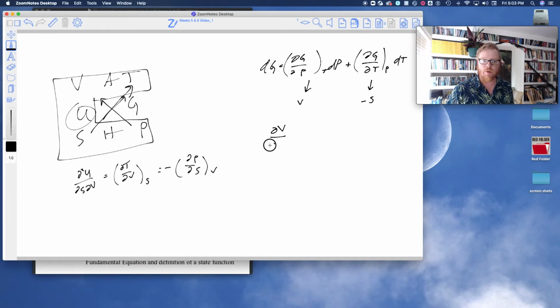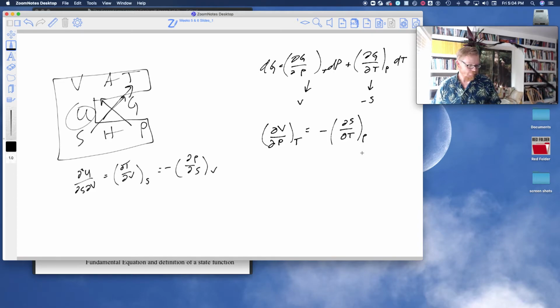So that's going to be partial of p at constant t equals, so we got a negative sign, negative. And then now I'm talking about this relationship, s. And now I'm going to compare it to this side, which is constant p, right? So now I look at t, so I switch the two bottoms, right?